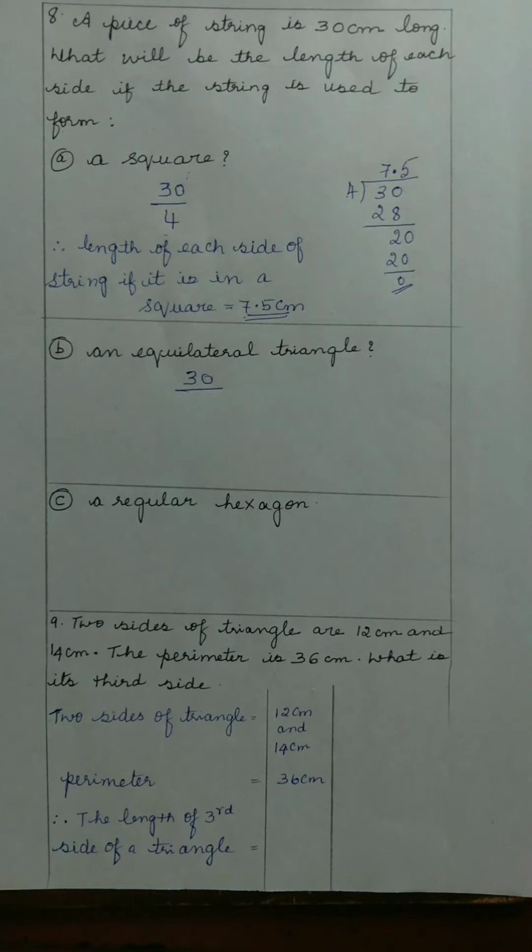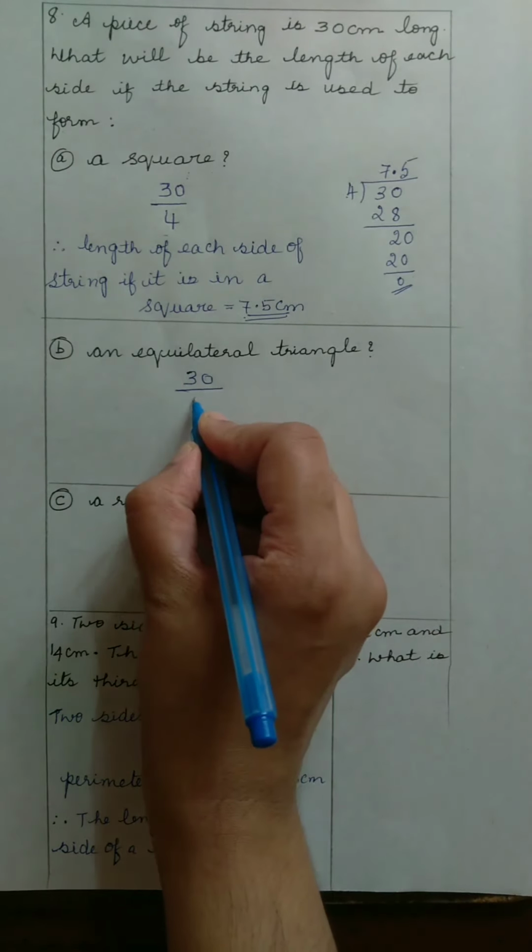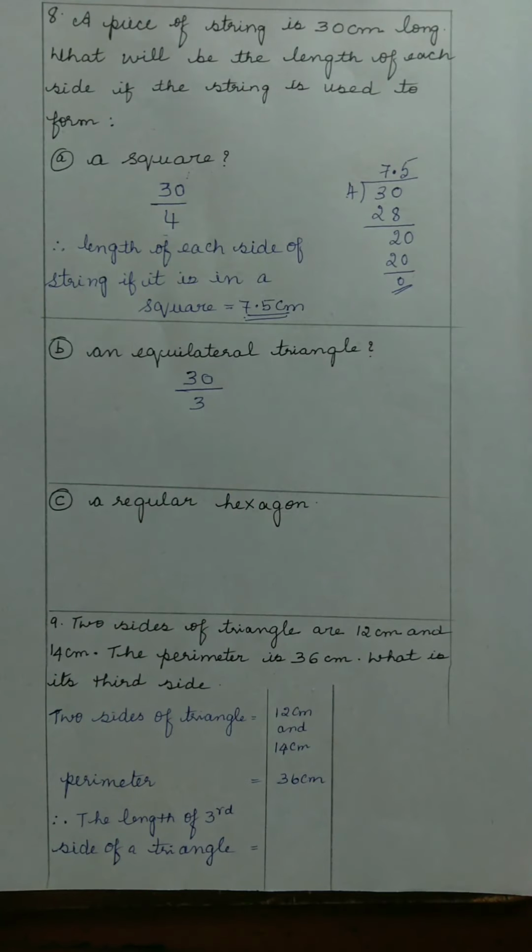In an equilateral triangle also there will be 3 sides. Therefore, 30 by 3. Each side of the string, if it is in the form of an equilateral triangle, would be of the length 10 centimeter.